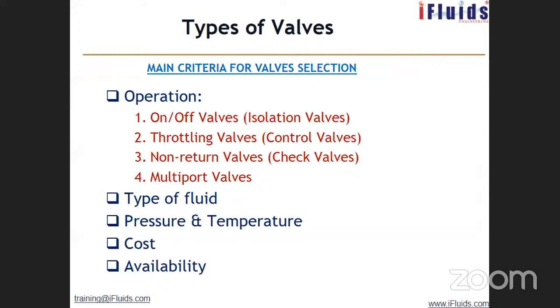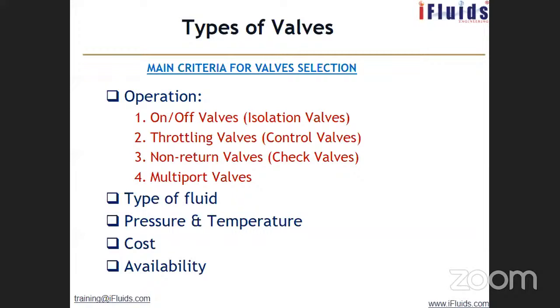Of course, cost is very important. For a given service, the valve should meet all the process conditions, and we also have to select that valve at a reasonable cost. Then availability: whether the valve is easily available in the market or we have to order and wait.